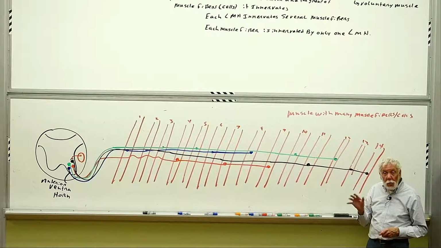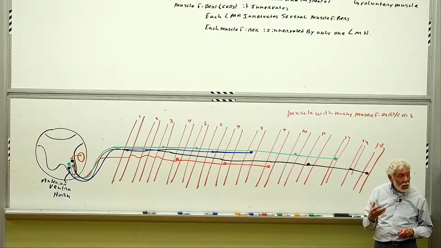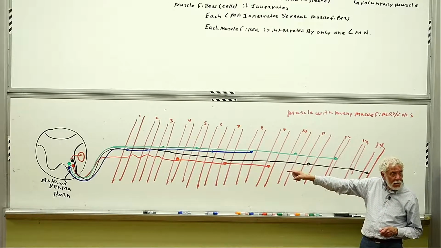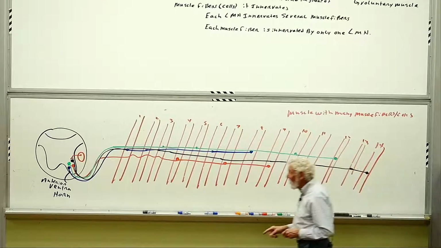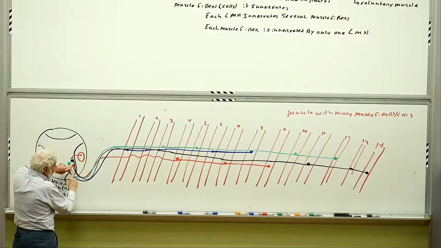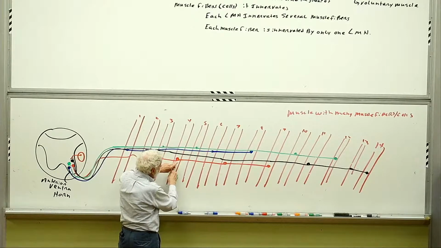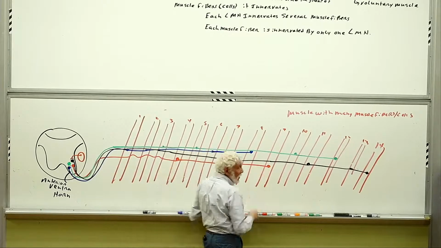So only 11, 13, and 14 are going to contract because the only lower motor neuron that's been activated is black. You can do the same thing with any of the others. You could imagine activating red, but now when we activate red, the action potential is going to propagate to the terminal here, and they're going to activate 4, 7, and 9.